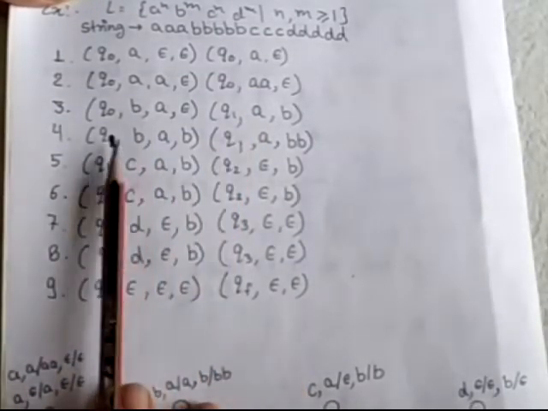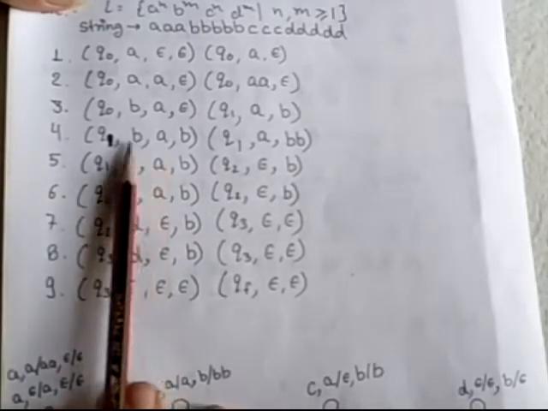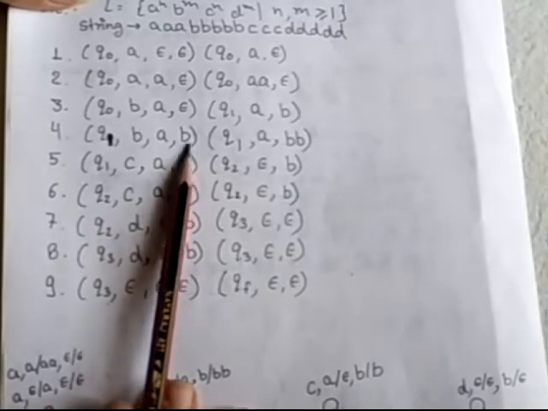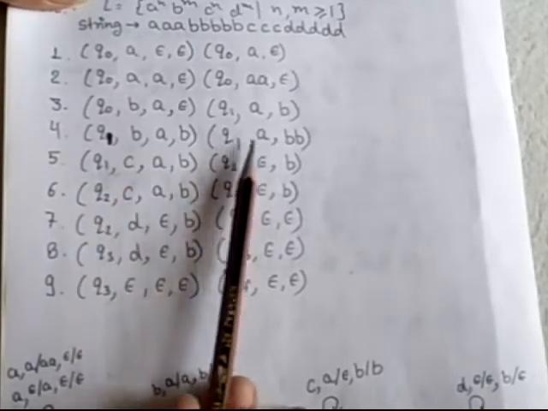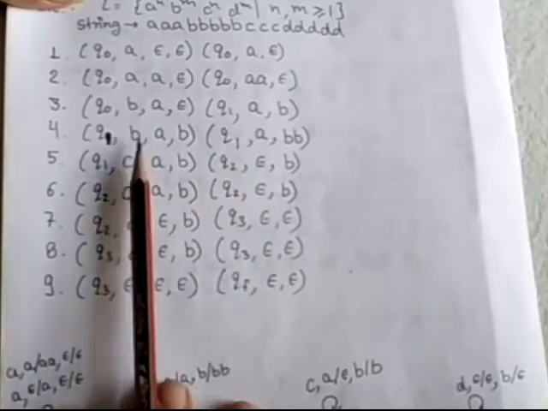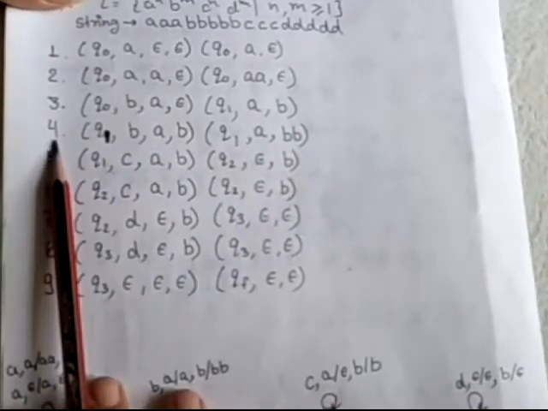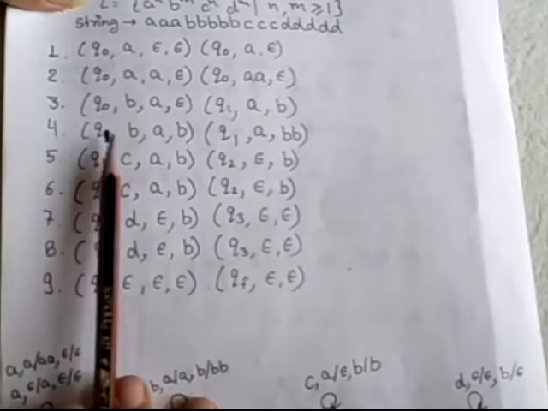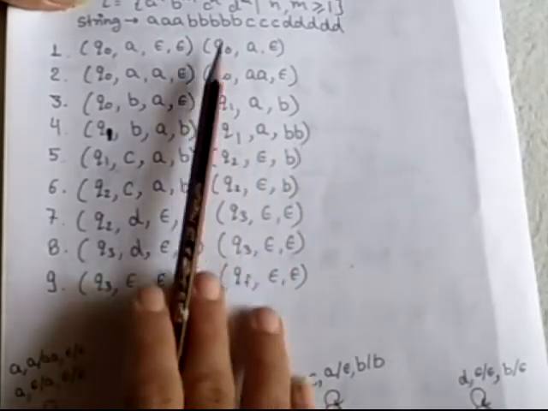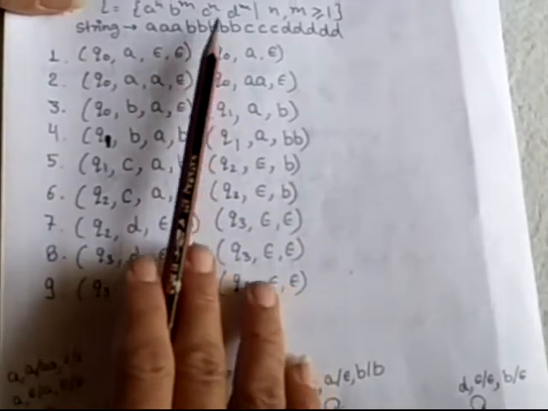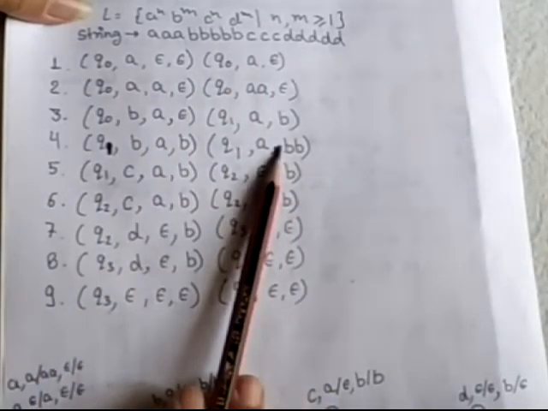At Q1 we read B. Top of stack 1 is A, and top of stack 2 is B, because we have pushed one B. This next B is also pushed onto stack 2. Using this step, we can push any number of B's on stack 2. Here we have 5 B's, so we can push all the B's on stack 2.